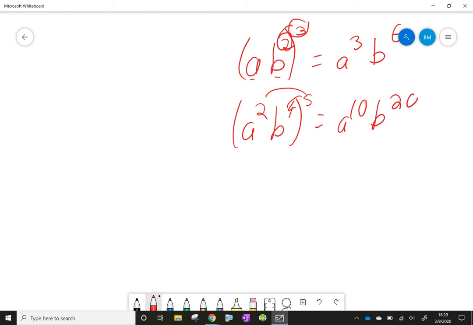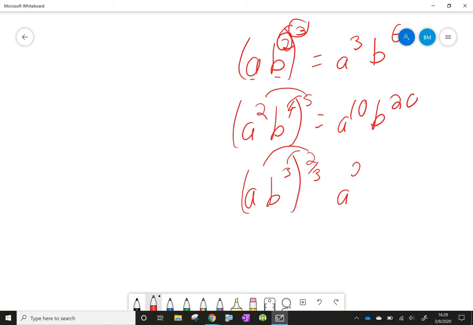Okay, but if I make it a little more complicated, let's say I make it with fractions. If I have a, we'll leave a alone, and then we'll say b to the 3rd power. But then this goes to the, let's say, 2/3 power. Same philosophy still applies. This goes to both terms.